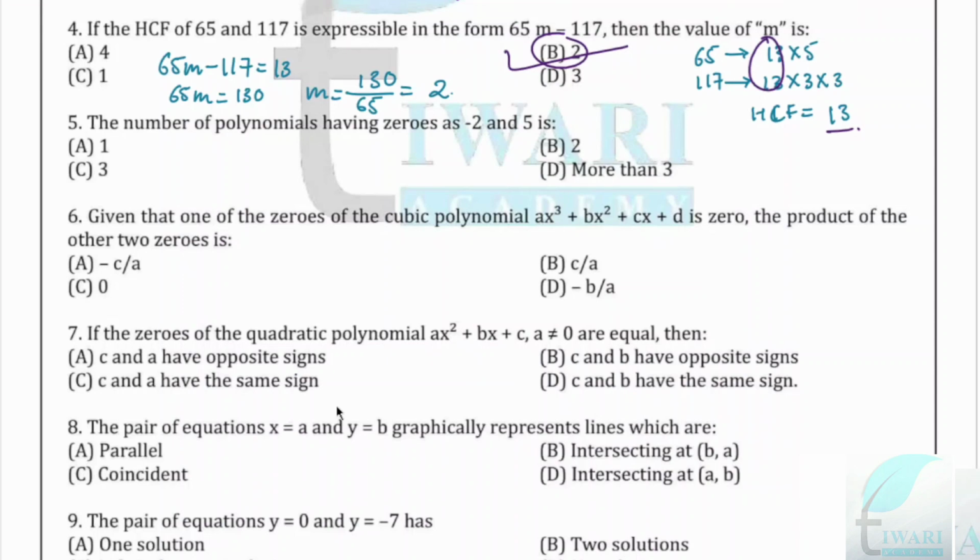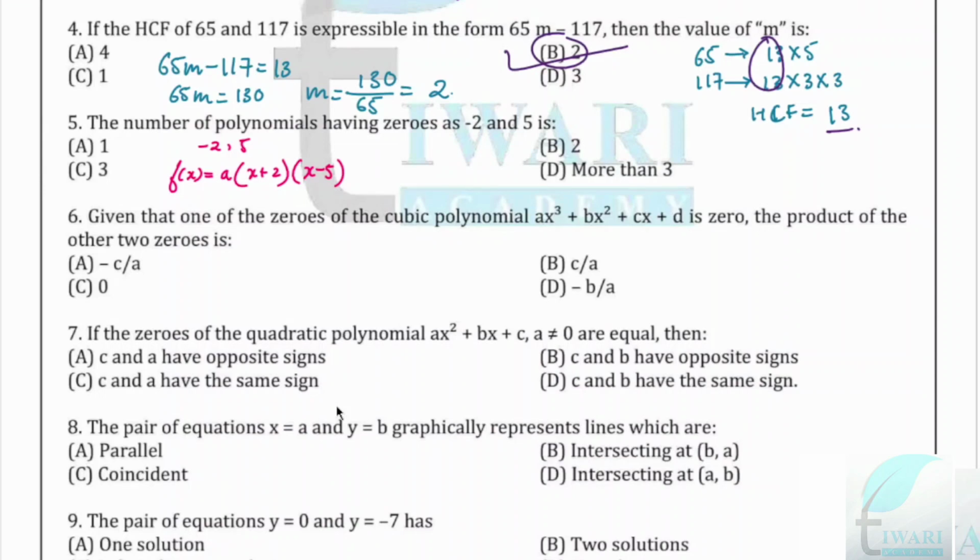Okay, now coming on to question number 5. The number of polynomials having zeros as -2 and 5 is what? We know that there are two zeros of the polynomial here, that is -2, 5. So f of x will be a into x plus 2 and x minus 5, which is 0.